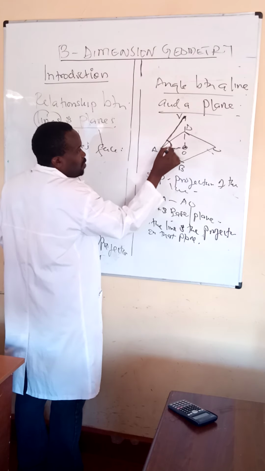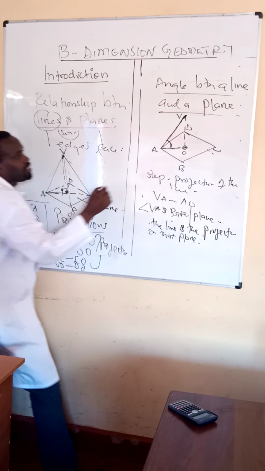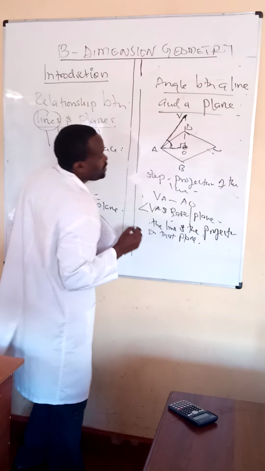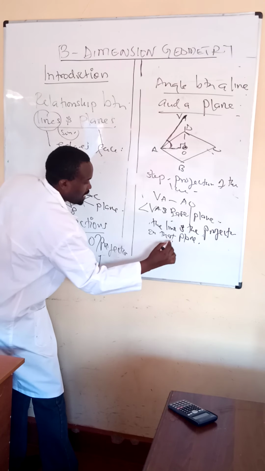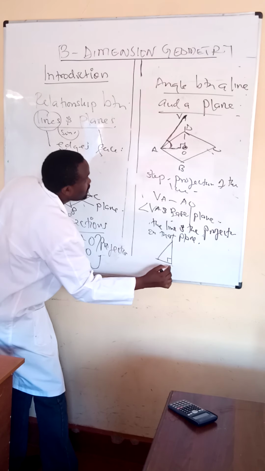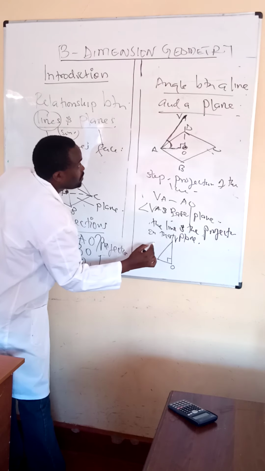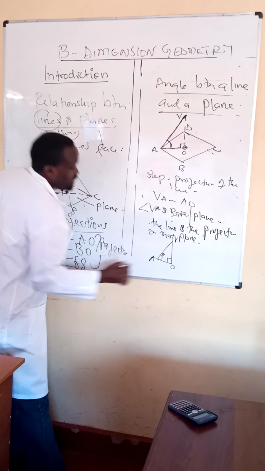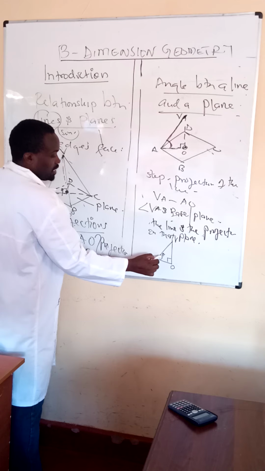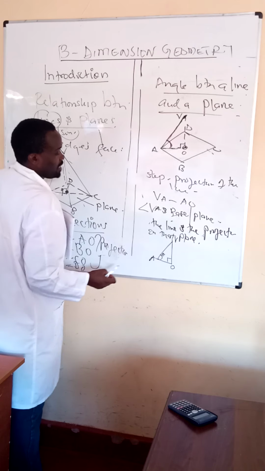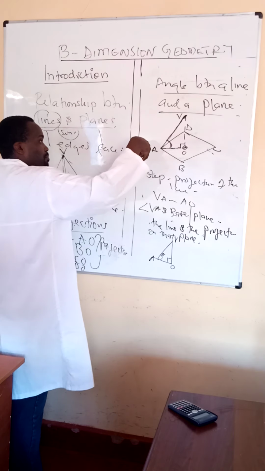Remember the height of the pyramid is perpendicular to AC. So now we can find the angle using SOHCAHTOA, with O, A, V. If you want to get beta, this is our angle beta. This angle gives us the angle between the plane and the line.